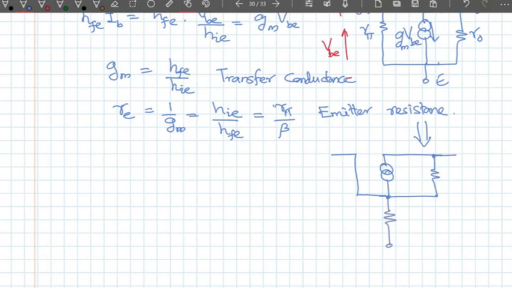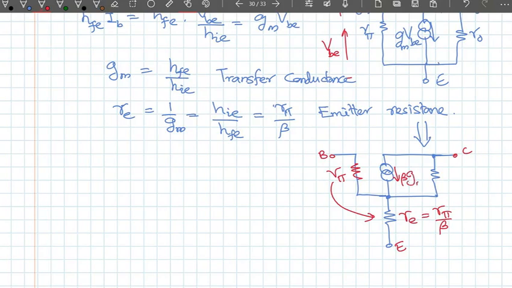To maintain that, we divide R pi by, in fact it should be beta plus 1, but beta is big, so we can use beta. Initially R pi was at the base side, now we are moving it to the emitter side. So this Re is basically R pi divided by beta, but we have to make sure that in both situations we have the same parameters. The voltages and currents flowing into and across these terminals have to be the same.